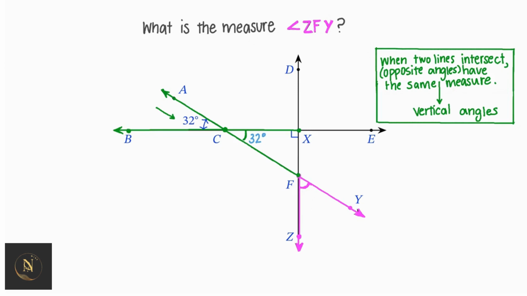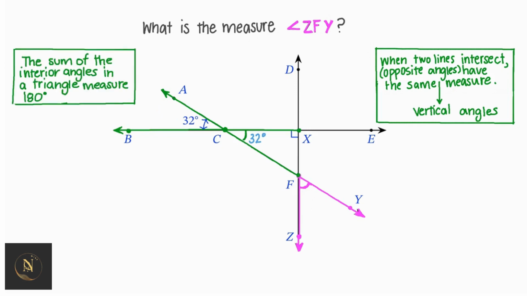We can label angle XCF as 32 degrees. Another rule that can help us here is the fact that the sum of the interior angles in a triangle measure 180 degrees. Inside this figure, we have a triangle, CFX.